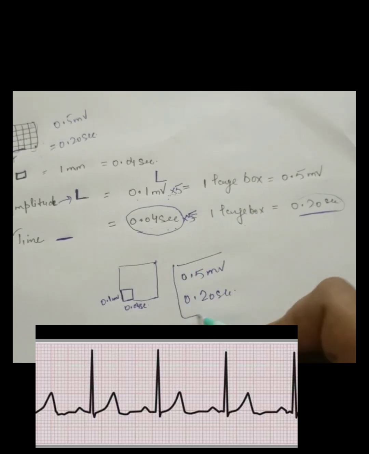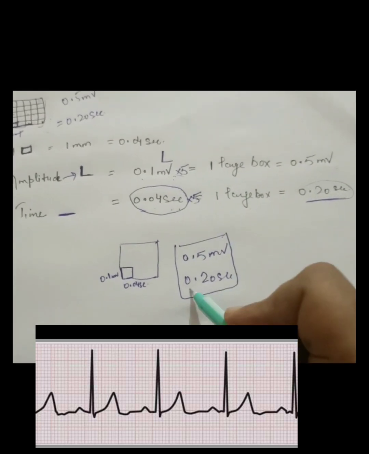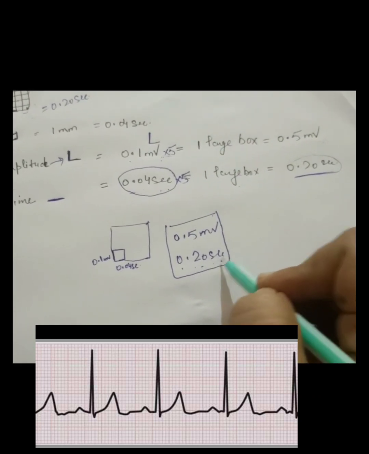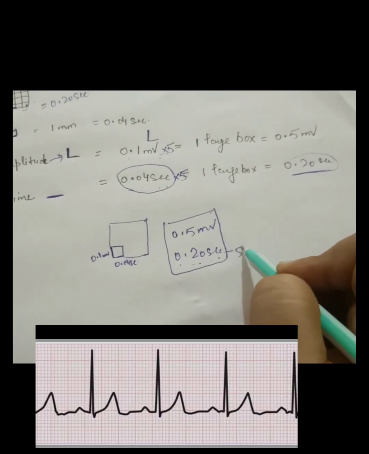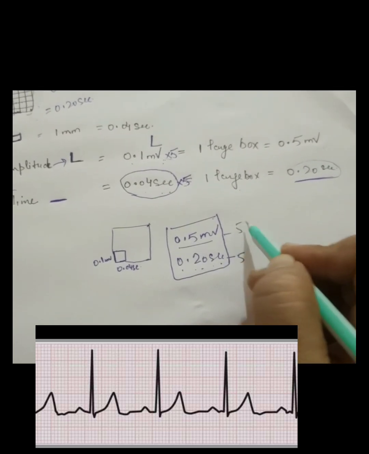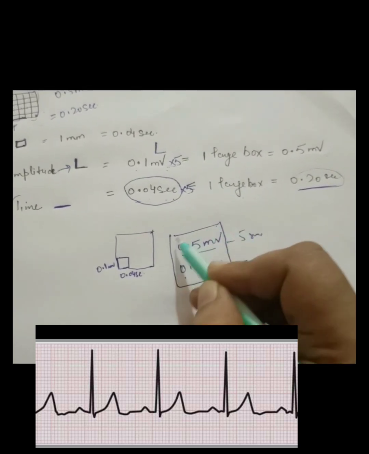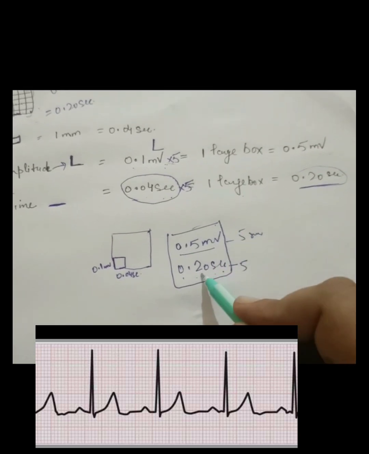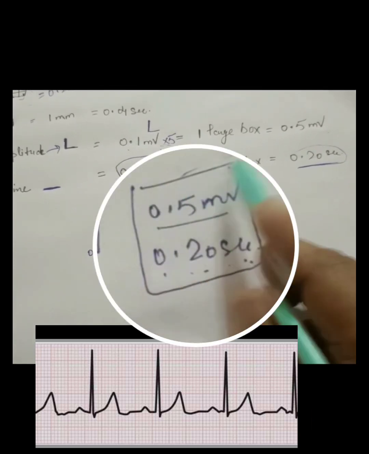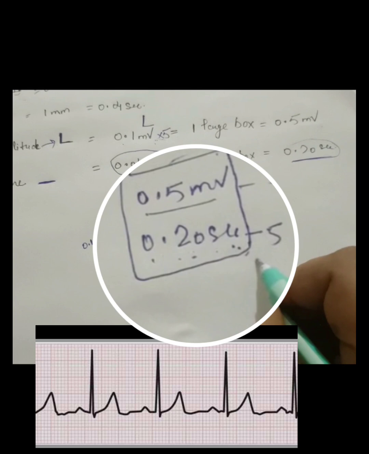So one large box is 0.20 second, or 5 small squares.